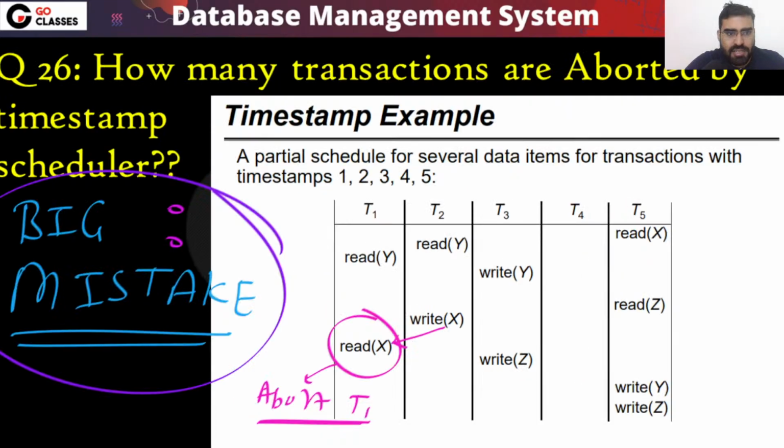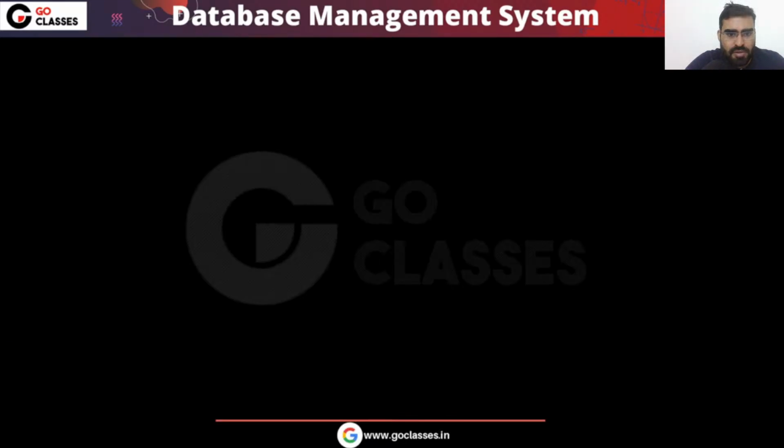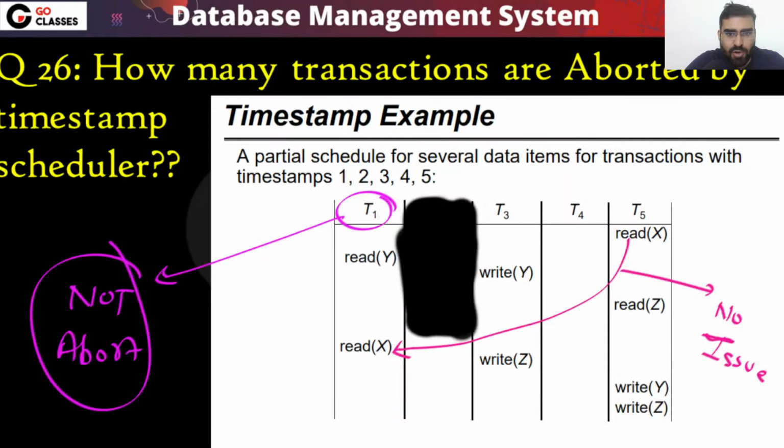So you can see here that this T1 will not roll back. What else? Now is there any problem? Who will roll back? Let's move on. Now let's see this. After this T1, who will roll back? Now you can notice this will roll back. Yes or no?